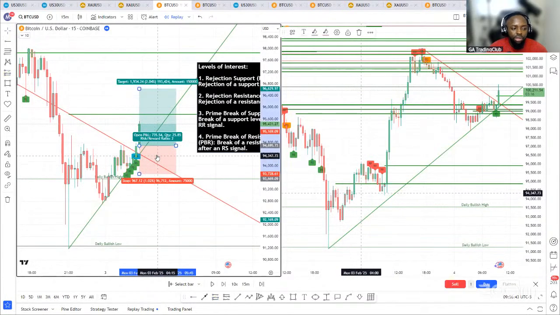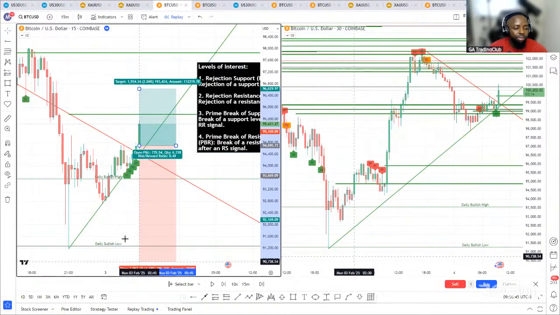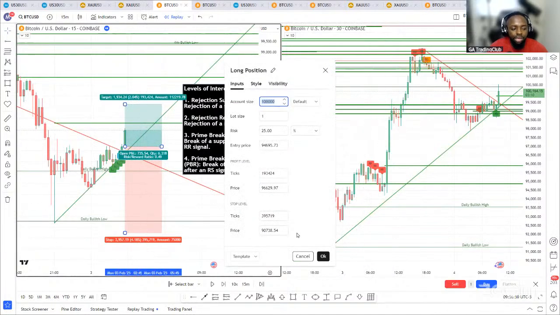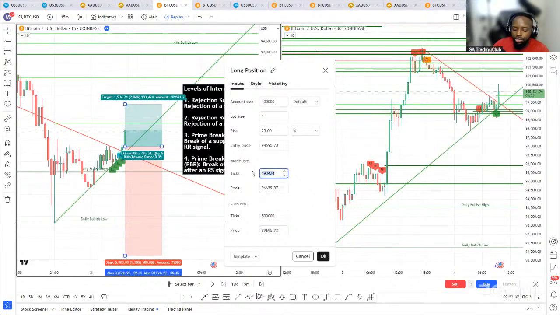You do your entry there, you do your stop loss all the way below this daily bullish order block, because if they break that daily bullish order block, then at that point it just means that the price is moving up to being super bullish. So again, this one would have given you, I think, a $4,000 stop loss. So you go ahead and round to the nearest whole number, or to the nearest psychological number.